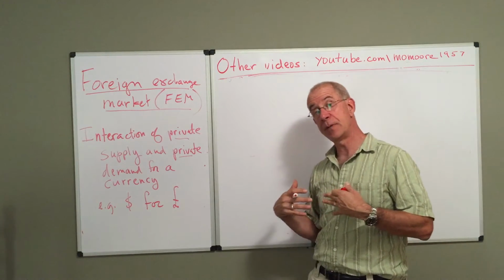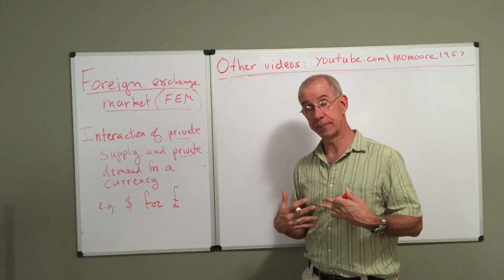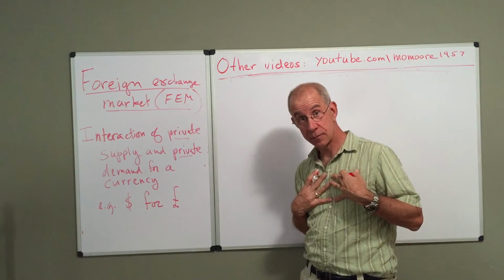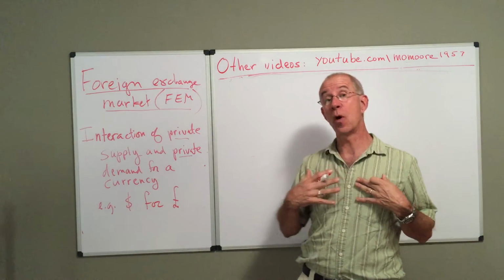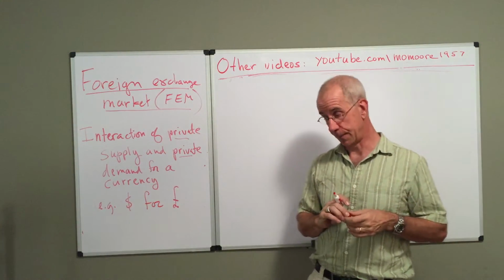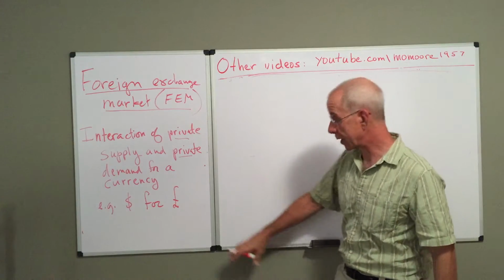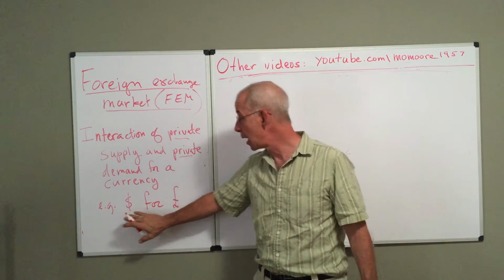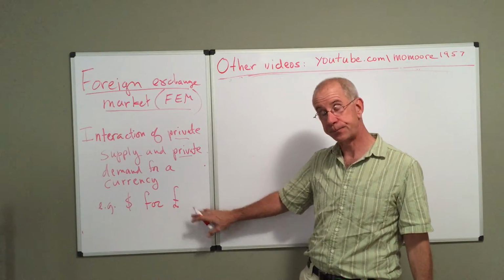It is going to be people coming to the market to have a currency and want to exchange it for another country's currency. For example, somebody that may be coming with dollars in order to buy pounds.